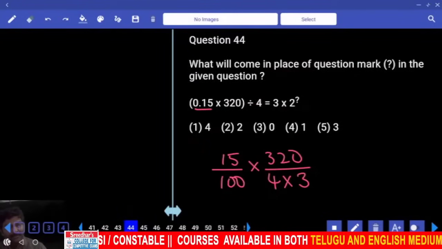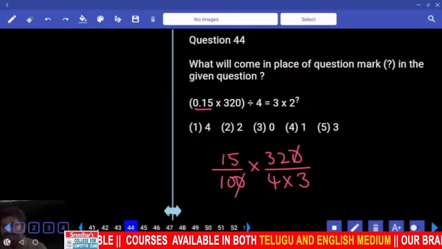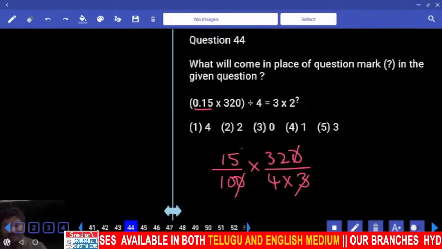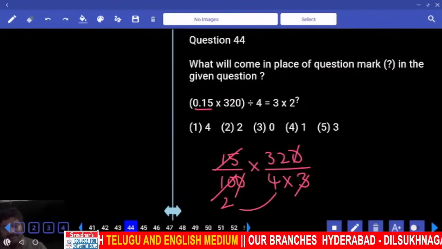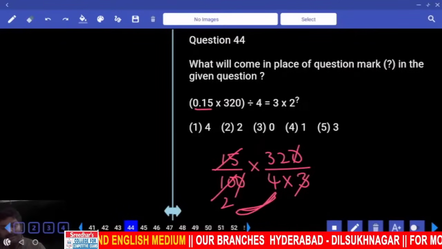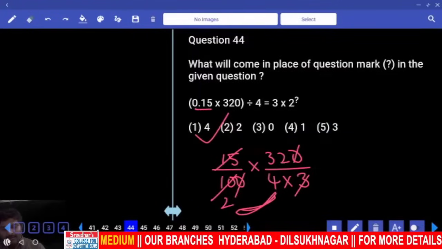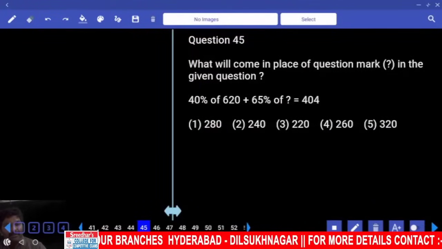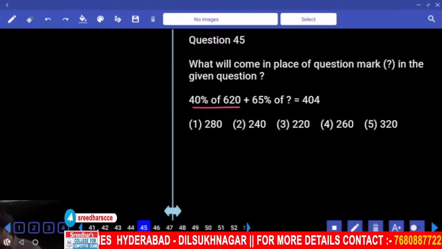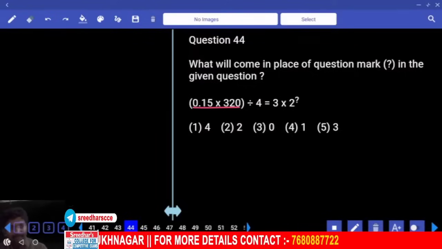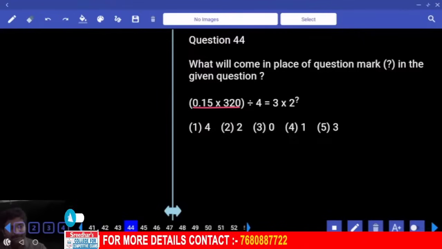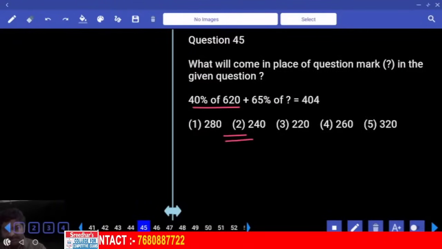So 0, 0. 3, 5 times, 5, 2 times. 2 into 4, 32 by 8. Intama? 2 power unda. Fine. You know the answer, right? So answer is 2 to the power of 2. Second option. Right.